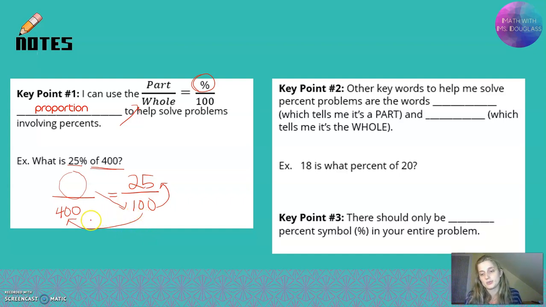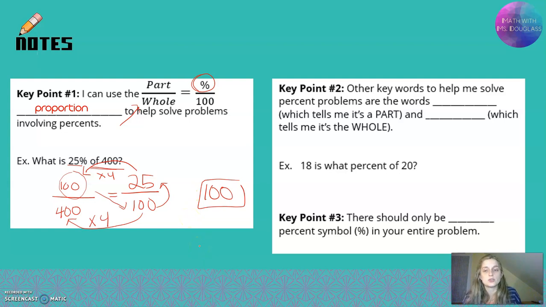I would rather do times than divided by, so 100 times 4 equals 400. So 25 times 4 equals 100. That's your missing part. When you're writing your answer, you want to just say your answer is 100, not 100 over 400.